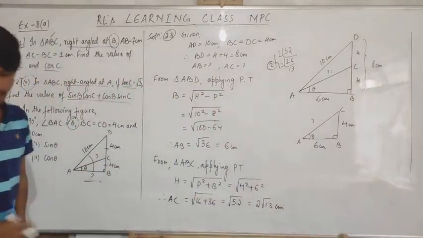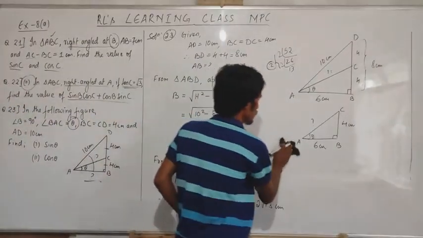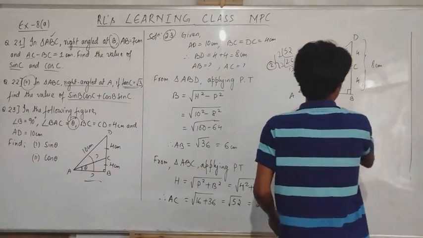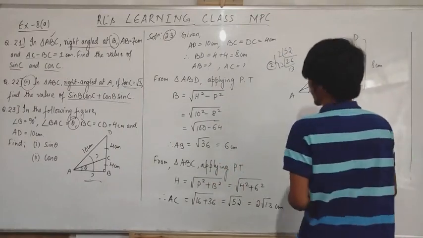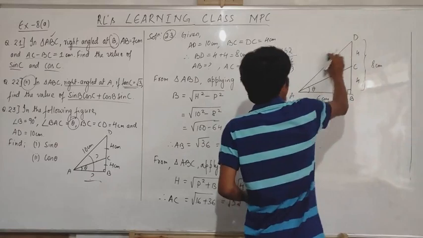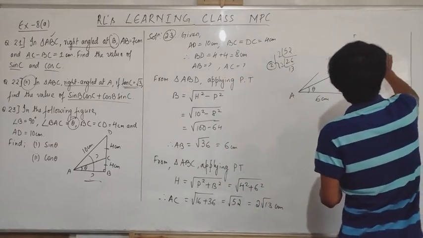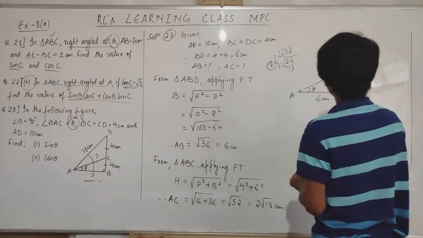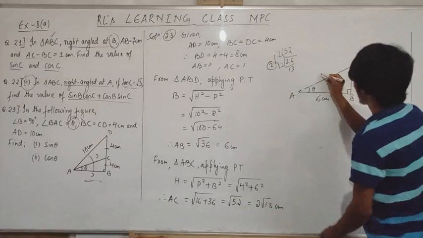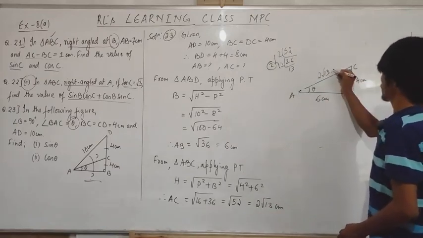Now what is left? Everything else we got. The last step is to find the value of sin theta and cos theta. Here how much did we get? 2 root 13, here 6, and here 4.